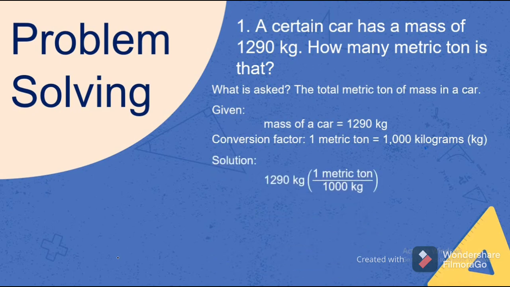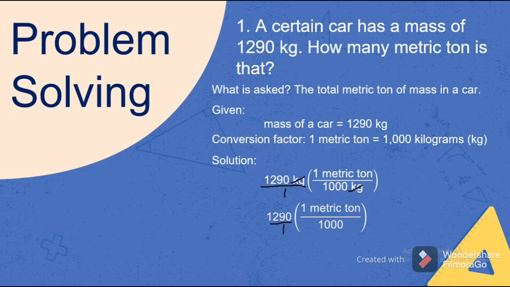Solution. Start with 1,290 kilograms over 1 times 1 metric ton over 1,000 kilograms. Then cancel out the unit of measurement. So we have 1,290 over 1 multiplied by a fraction.